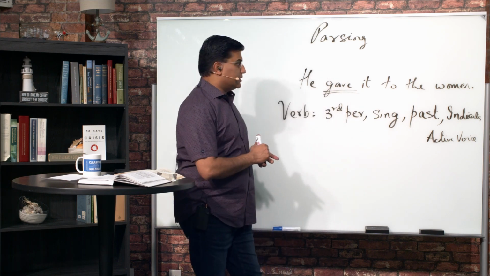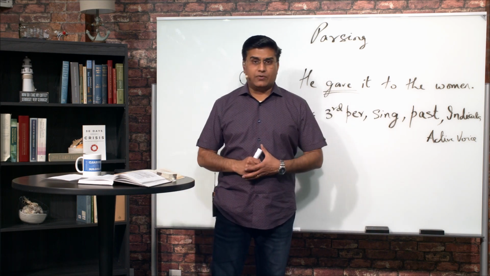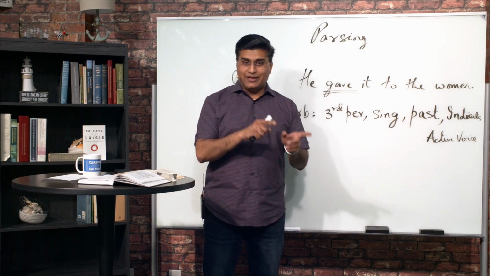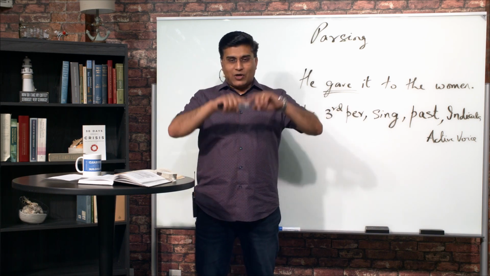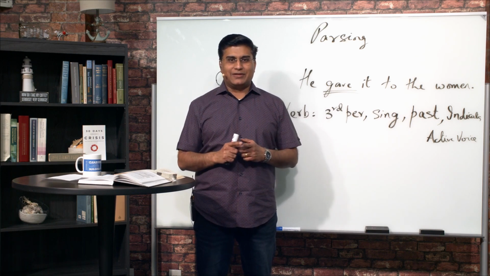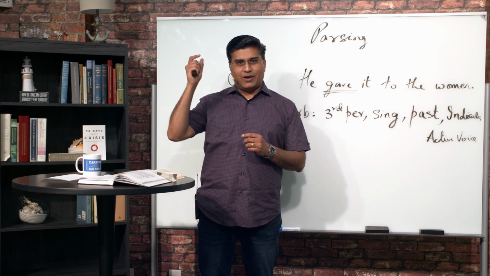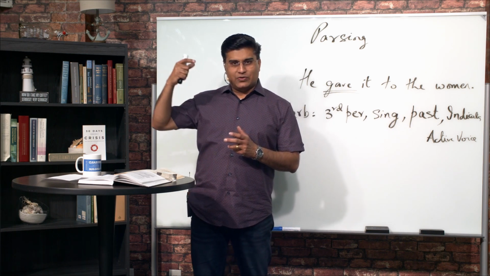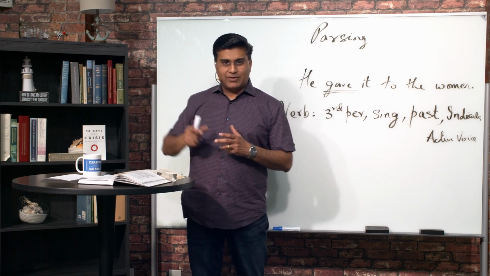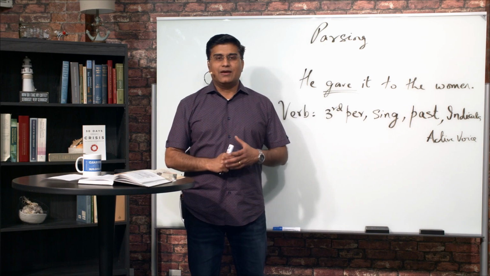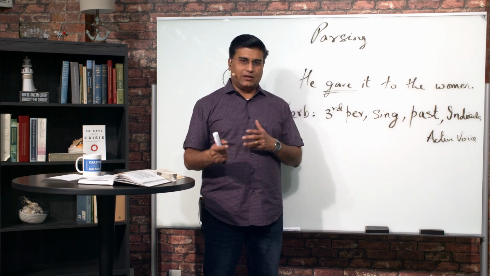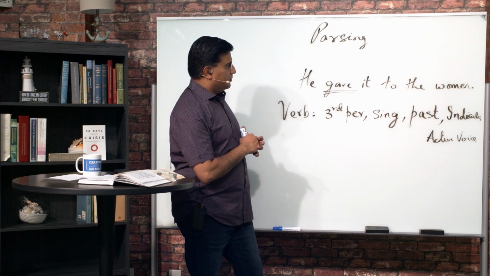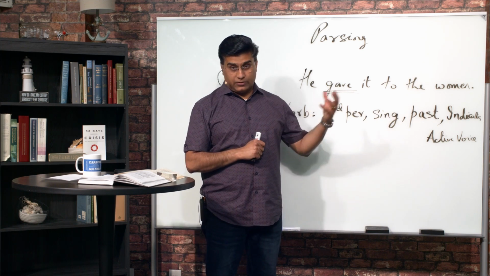Now, keep this in mind. In the last example, when I was talking about the pronoun, he gave it to them, I said them is feminine. It is all based in the context that the them is about the women. That pronoun is referring to the noun women. So keep that in mind. That's the only reason why I said them is feminine in the last parsing of the pronoun them.